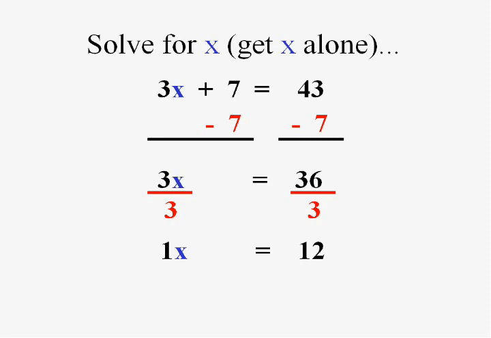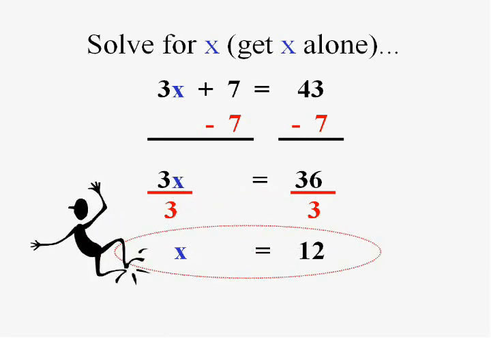And 1 times x is just x. So there it is. The answer is x equals 12. And if we take 12 and put it back into the original equation, for x, we'll have 3 times 12, which is 36, plus 7, and that does in fact equal 43. So this is the one and only solution of this equation.